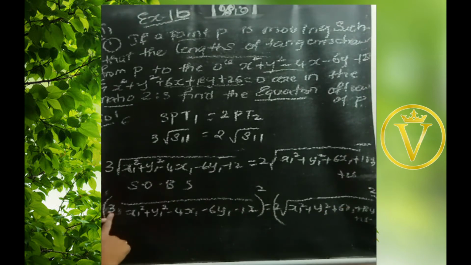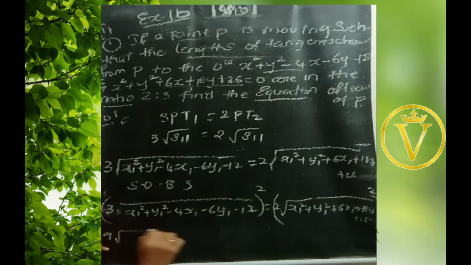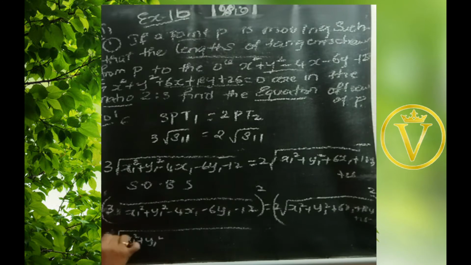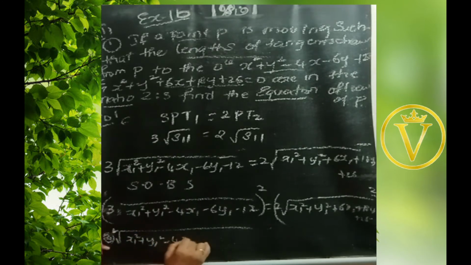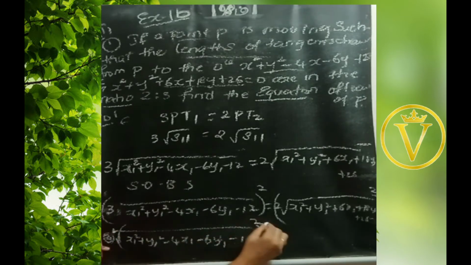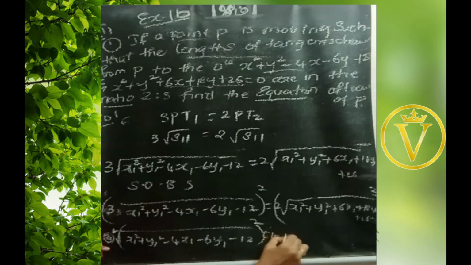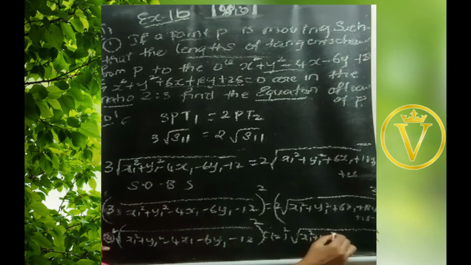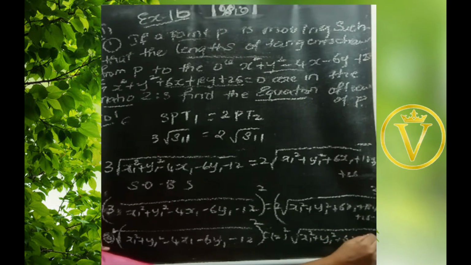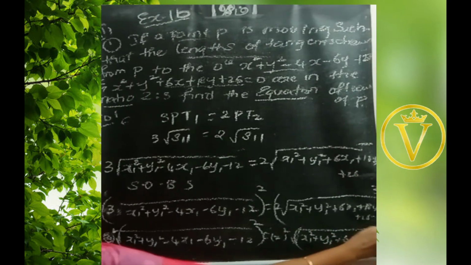Okay. Now for the first term, 3 3s are 9, and I will write step by step, then only can some students understand. So 2 whole square, so root of x1 square plus y1 square plus 6x1 plus 18y1 plus 26 whole square.